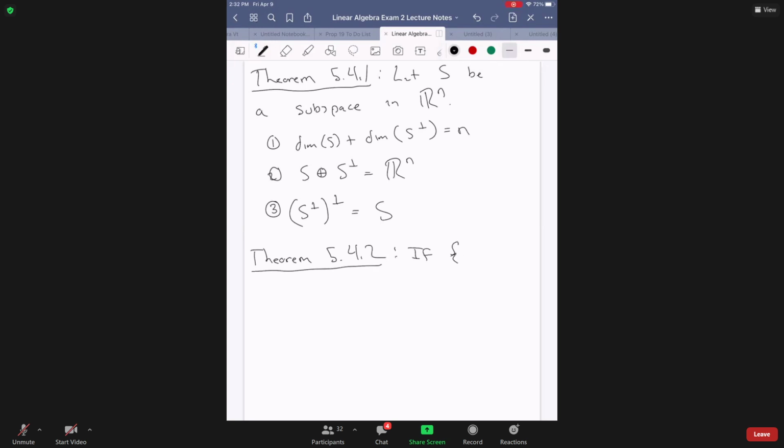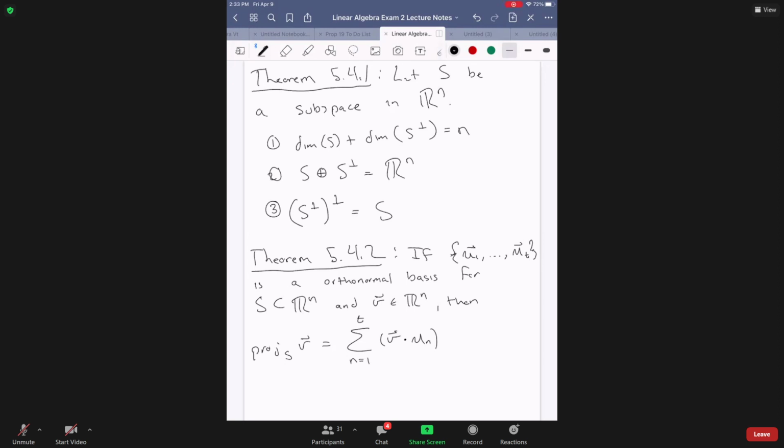If u1 through ut is an orthonormal basis for S, which is a subspace of R^n, and b is in R^n, then how you project b onto S is you take the sum from n equals 1 to t of (b dot u_n) u_n.